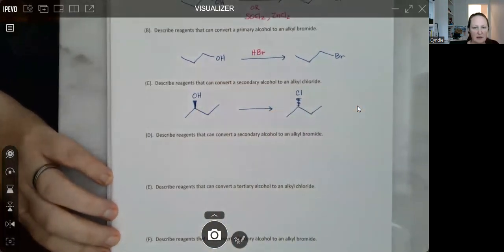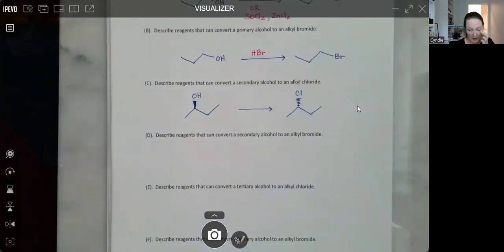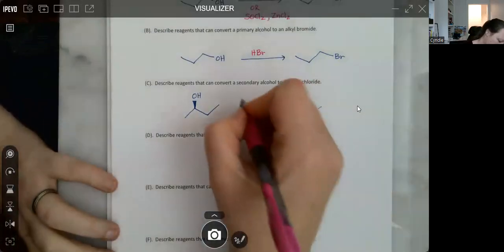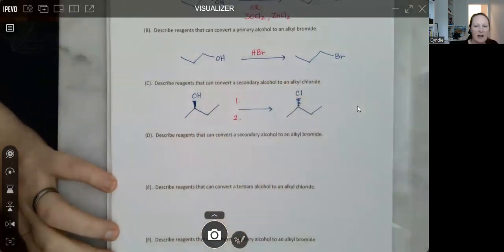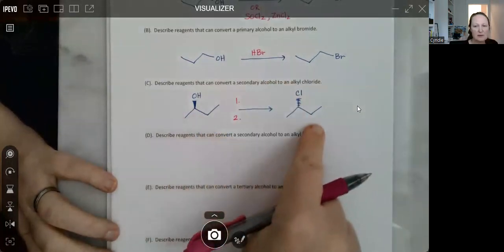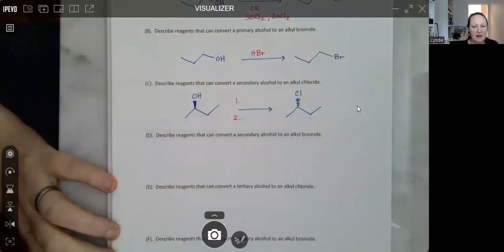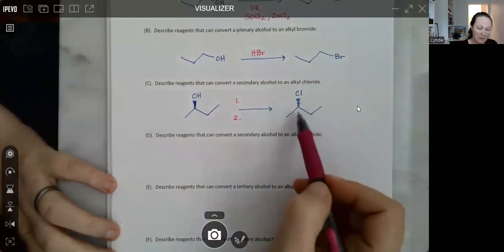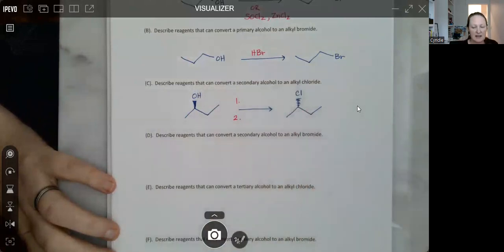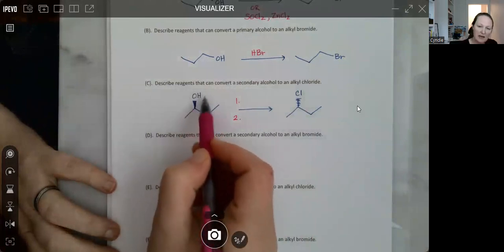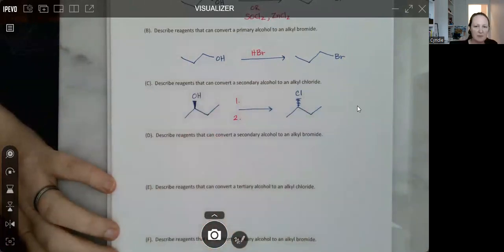So we should look at inversion. If we were using a chiral substrate, you would probably want to use a two-step process to make sure that the entire thing goes through SN2 so that we get 100% inversion. Remember that if we promote SN1, we could get some racemization, or form a racemic mixture, which is less valuable synthetically. So we need to get a good leaving group, and we want to avoid SN1.